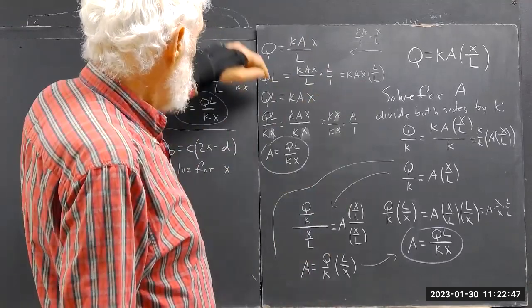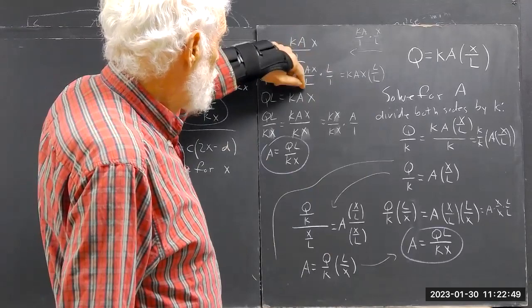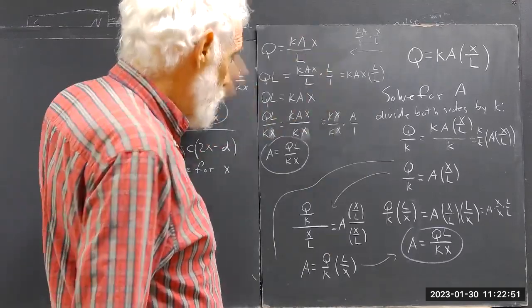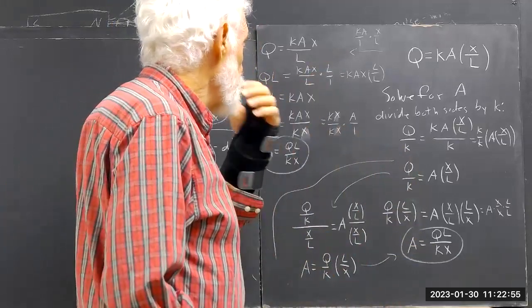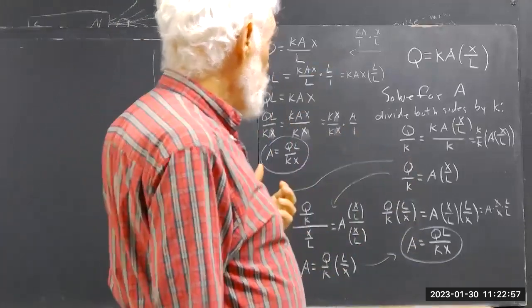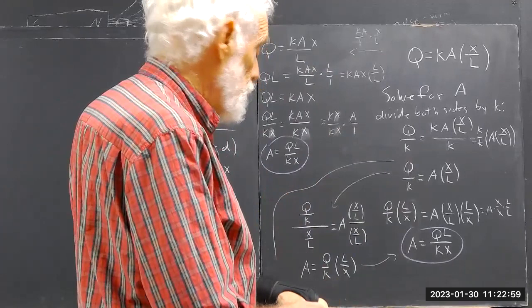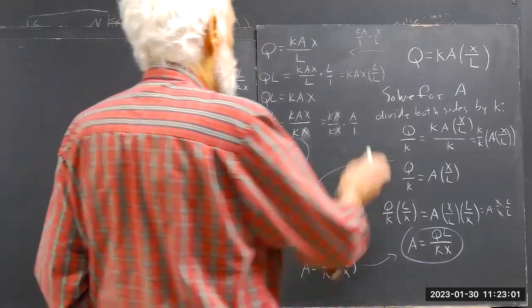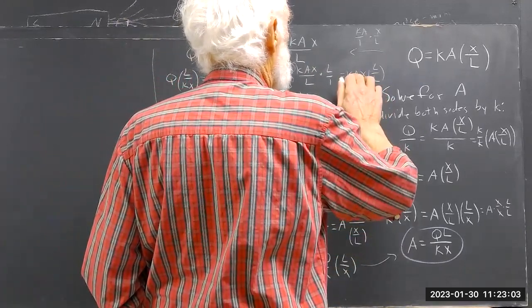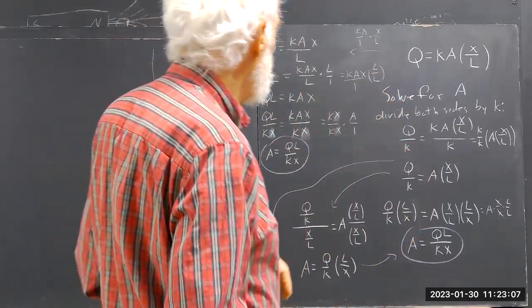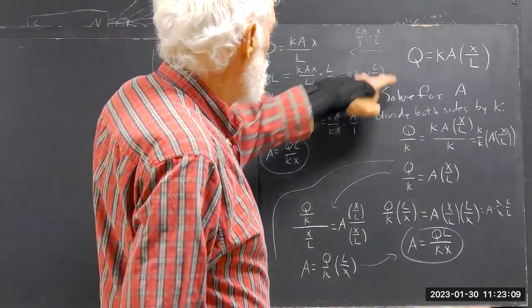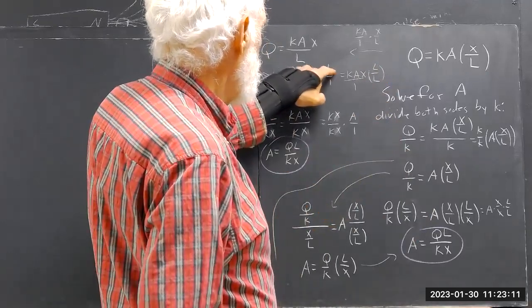The KAX over L times L over 1, what if people want to cross these out? Well, it's valid in this case because L is a factor of the numerator and a factor of the denominator. But we actually write this as KAX over 1 times L over L. If I multiply out the numerators, I get KAXL either way.